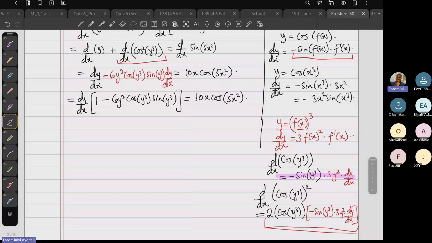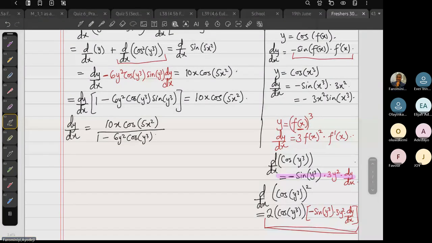Then I'll divide both sides by the coefficient of dy/dx. So this is 10x cos 5x squared over 1 minus 6y squared cos y cubed sine y cubed. This is the derivative of the given curve.